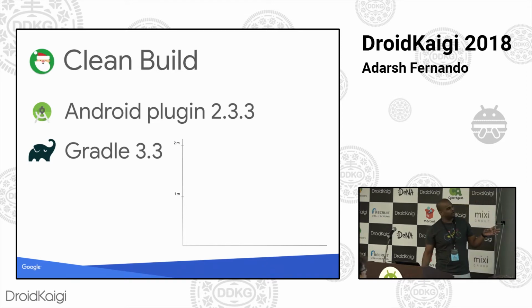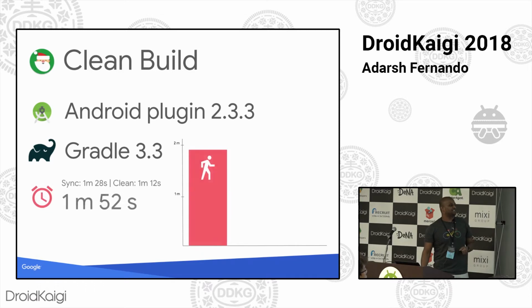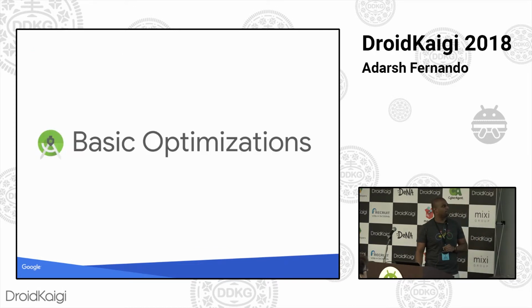After doing a couple of those, this was the first build. It's pretty long, right? 2 minutes. Can you imagine waiting there 2 minutes? Also the sync time, because your configuration phase has to configure all those 9 modules, is about 1.5 minutes. And a clean, just to remove all your intermediate build files, takes more than a minute. So that's our starting point.